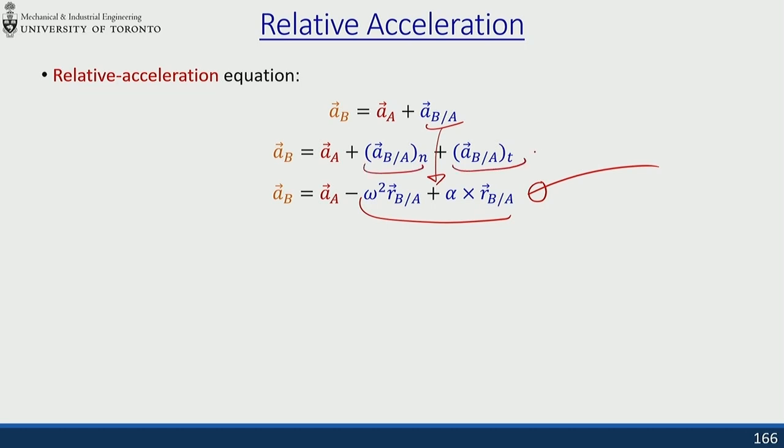Sometimes it's written out like this format. I personally don't like it. Eventually it's going to give you the third line, which is your relative acceleration for rigid body motion. If there's no normal acceleration or no tangential acceleration, that term's just going to get crossed out as 0 anyway.